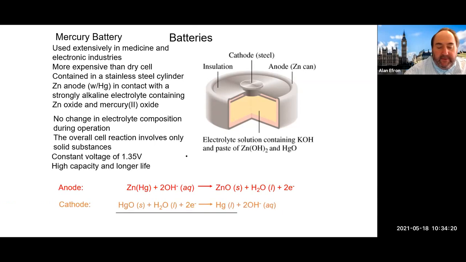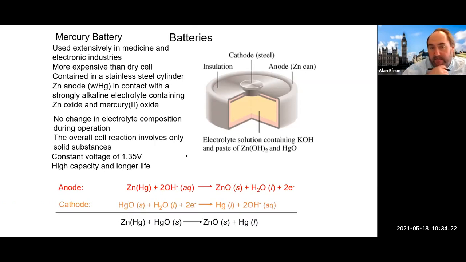Another type of battery is one here, which is a mercury battery. Again, it's similar in the sense that it's used a lot in medicine and electronic devices, and is a little bit more expensive. It has a zinc anode as well, where our oxidation is going to occur, in contact with a strongly alkaline electrolyte.